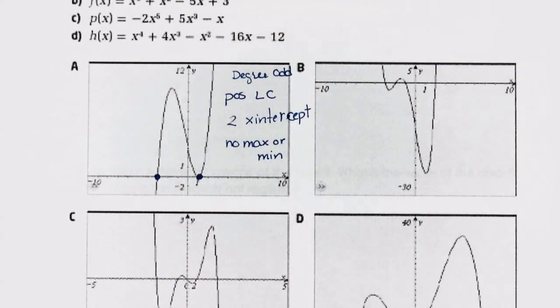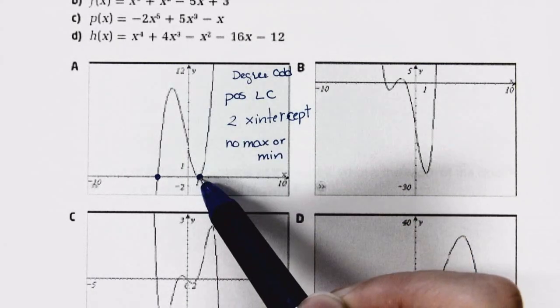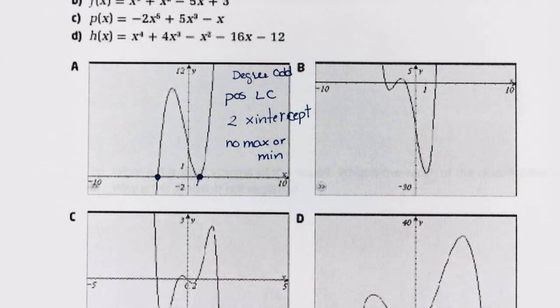In calculus, we would say no absolute max or min, but we can then talk about a relative max and a relative min. So just know we're going to go a little bit deeper in calc with this. There is another layer to it.